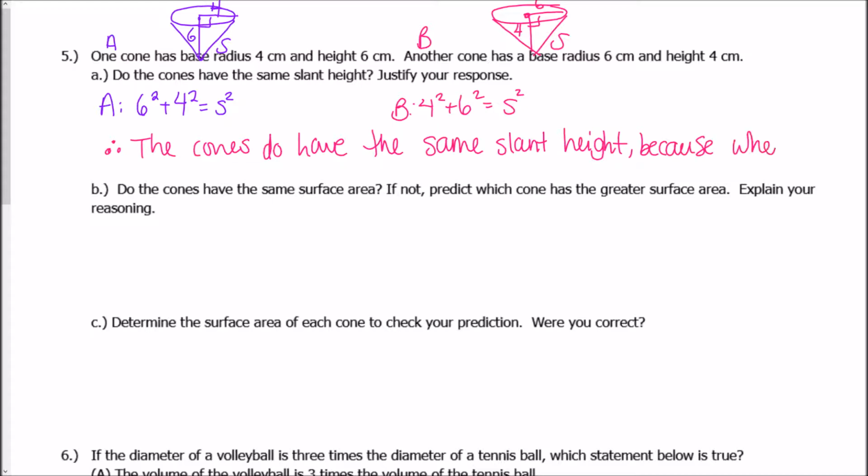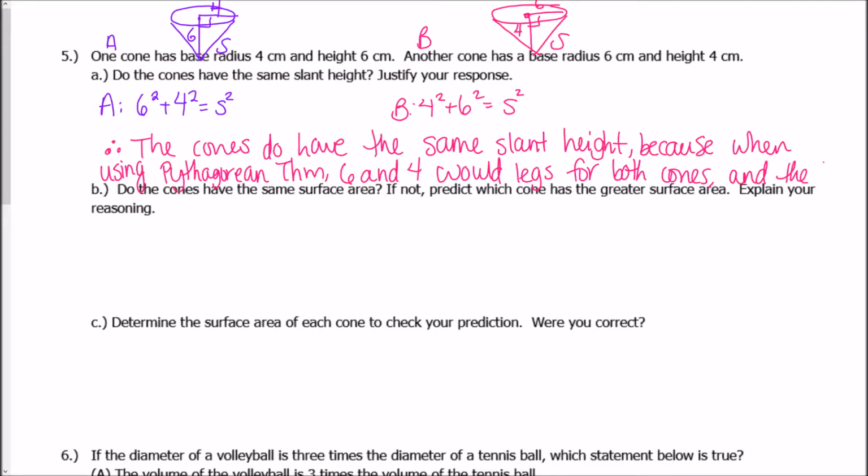Because when using Pythagorean theorem, 6 and 4 would be legs for both cones, and the legs are interchangeable.